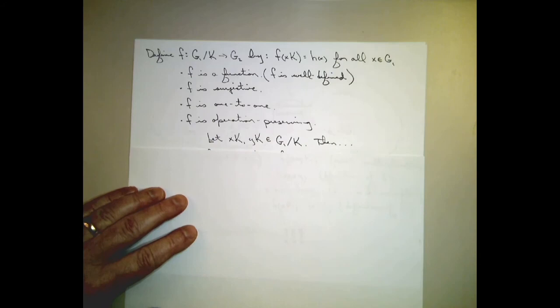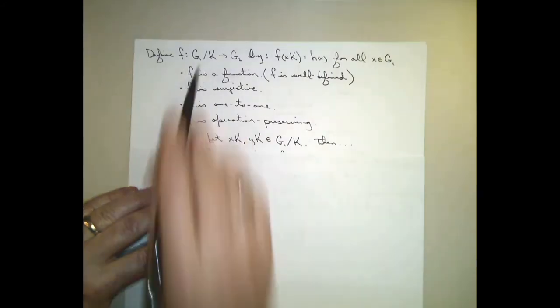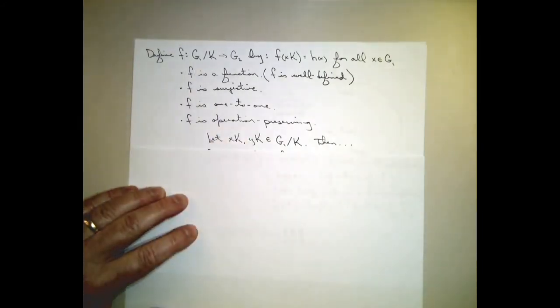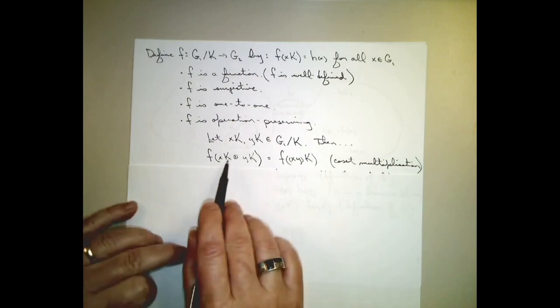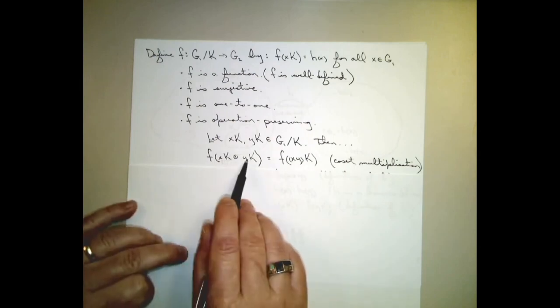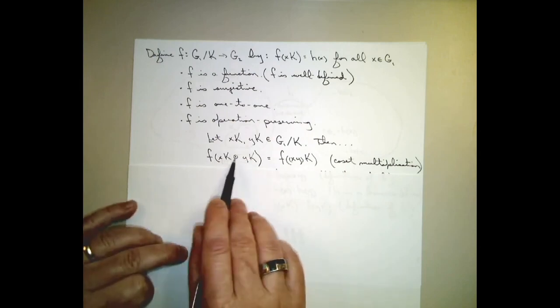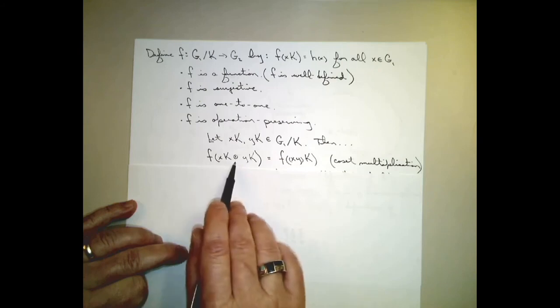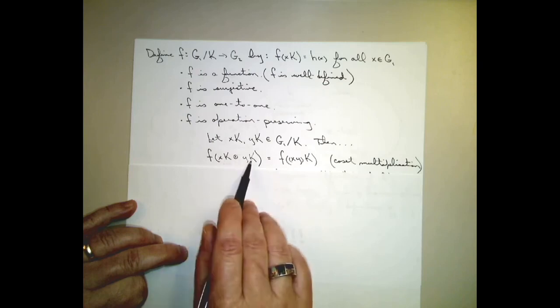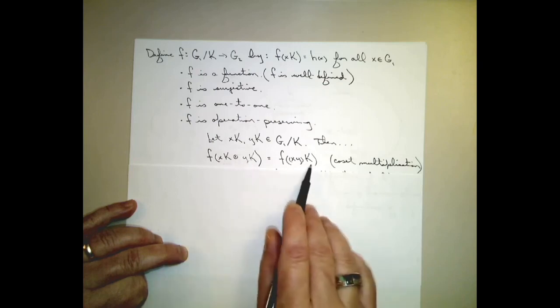Let's take a couple of cosets out of our quotient group. Let's start by multiplying them together in our quotient group. This is indicating coset multiplication. And then we'll look at the image of what we get. Well, by definition of coset multiplication, this is going to be xyk, right?